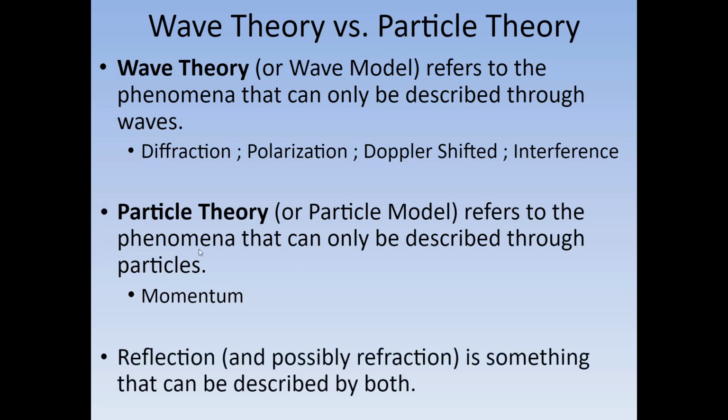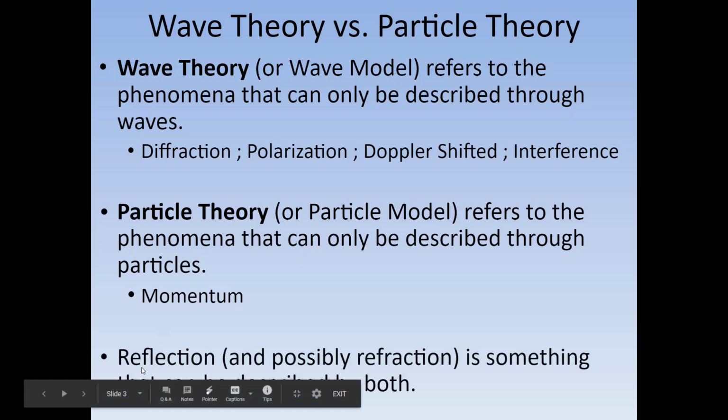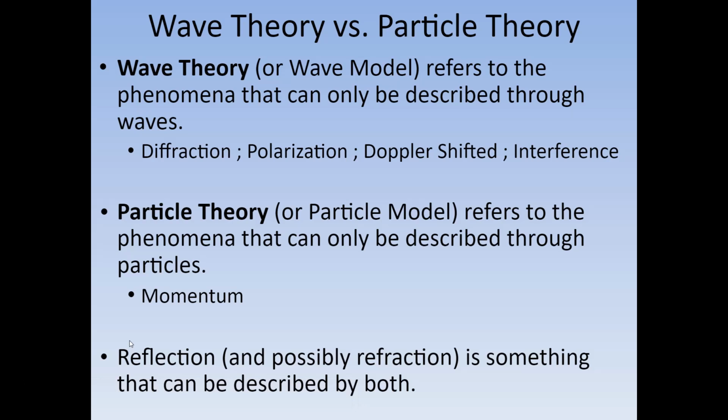Really, what this boils down to is recognizing that reflection is unique because it's one of the few phenomena that satisfies both theories. Waves will reflect: you send a wave to a wall, it reflects back. Same thing with a particle: you throw a tennis ball at a wall, it's going to bounce back. So reflection can be described through both of these models.